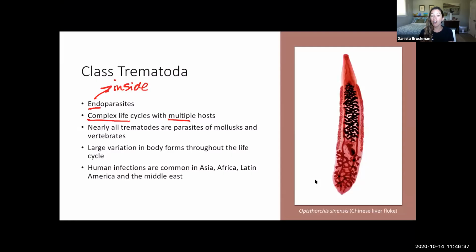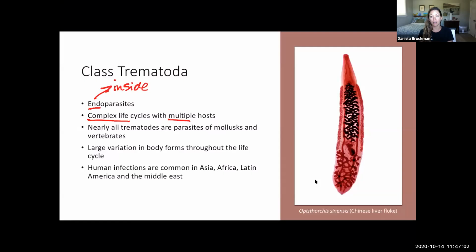And nearly all trematodes are parasites of mollusks and vertebrates. So they have an intermediate host, which is usually a mollusk, and then a definitive host, which is some kind of a vertebrate. Their life cycles usually contain a pretty large variation in body forms throughout the life cycle.